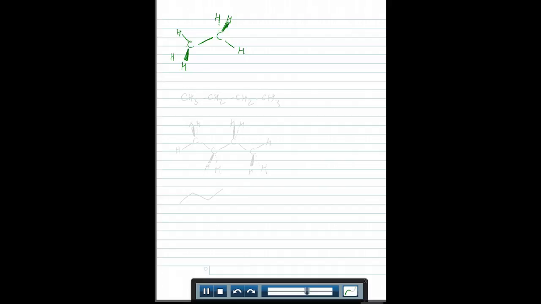Remember I drew, let's just say butane, for example, that is butane. If you want to draw it completely staggered, on the flat, this is how technically the molecule really exists.